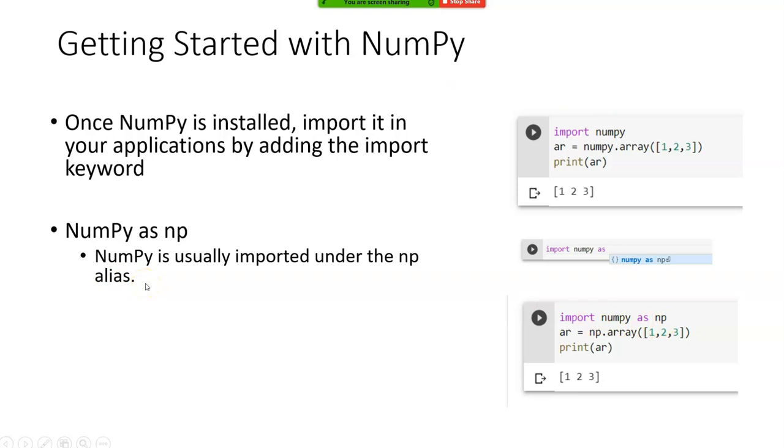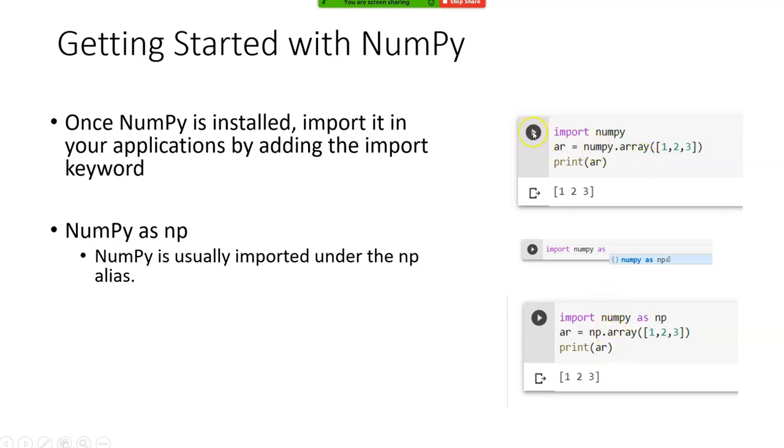Alias is another name. You have a full name, you also have a short name, right? So alias is like a short name, another name. We use that using the keyword np. So import numpy as np means NumPy is imported, and we are going to use it.